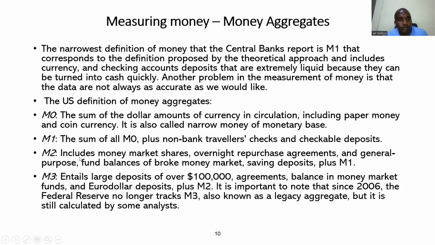And then M2, it is M1 plus money market shares, overnight repurchase agreements, general purpose fund balances of broker money market, savings deposits. I've already taken into account the aspect of M1.